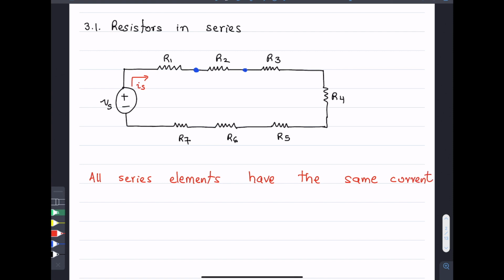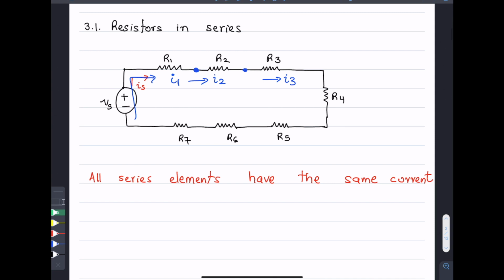So for example, for the current that is being supplied by the voltage source, whatever current enters into R1 has nowhere else but to enter R2. So the current I1 that is flowing through R1 is the same as the current I2 that is flowing to R2, and the current I3 that is flowing through R3, and so on.